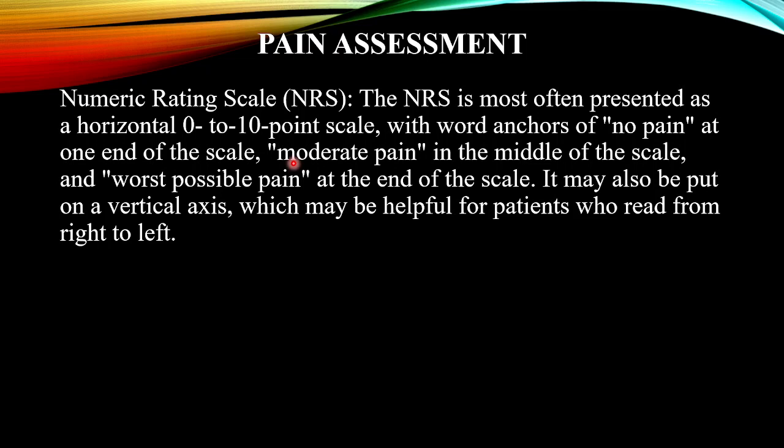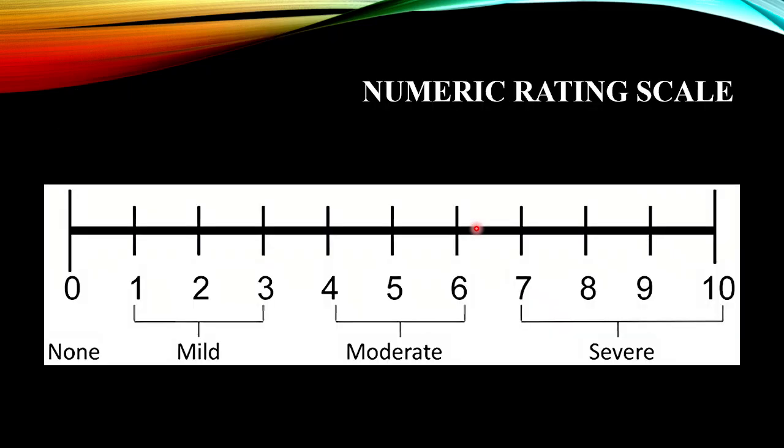The picture itself shows that it is most often presented as a horizontal 0 to 10 point scale with word anchors of no pain at one end of the scale, moderate pain in the middle of the scale, and worst possible pain at the end of the scale. It may also be put on a vertical axis, which may be helpful for patients who read from right to left. This is the numeric rating scale.